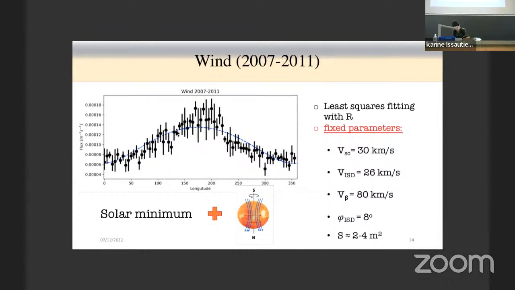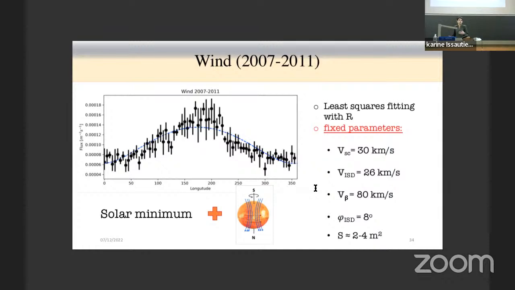This is the median value for those 3 years. And what we can see, this blue is the fitting line. We can see that there is some modulation here.